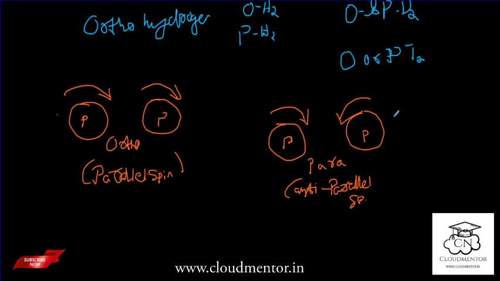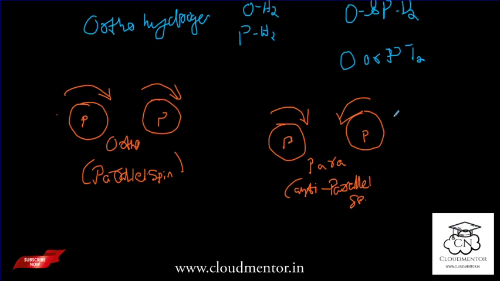The two forms differ in their physical properties like specific heat, thermal conductivity, boiling point, etc., but show similar chemical properties. But the forms are interconvertible. Paraform has lower energy, and at absolute zero, the gas contains 100% paraform. As the temperature rises, the paraform starts converting into orthoform.